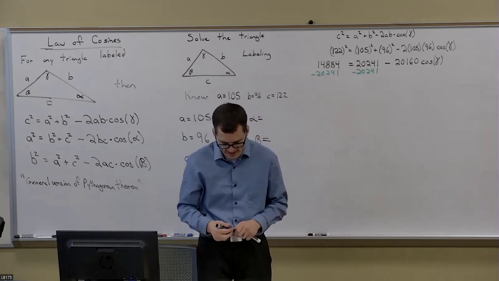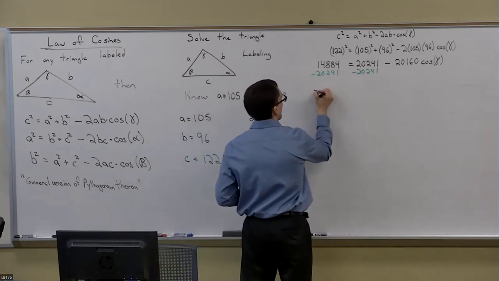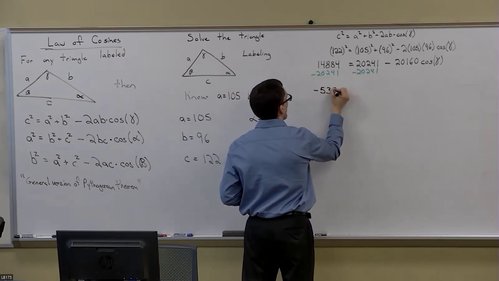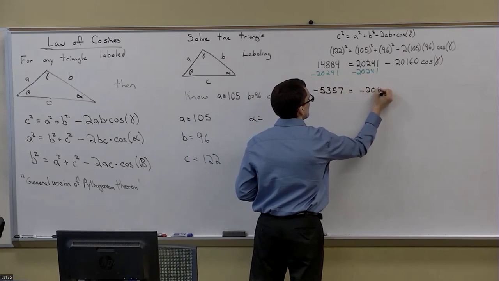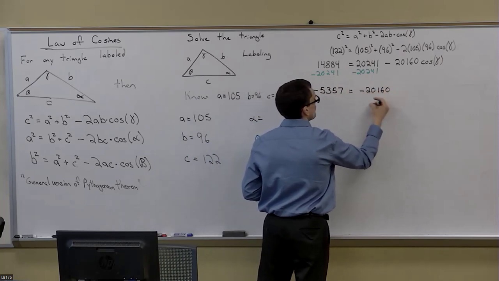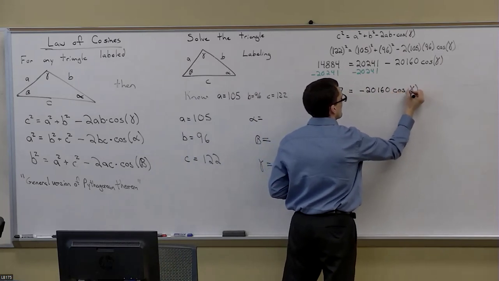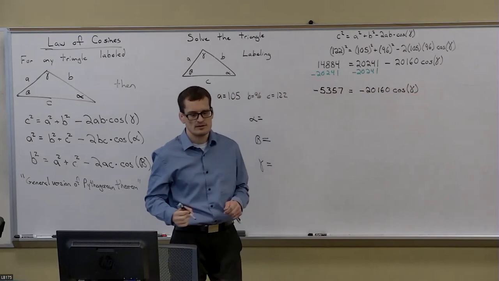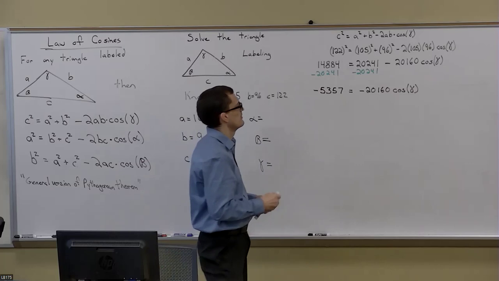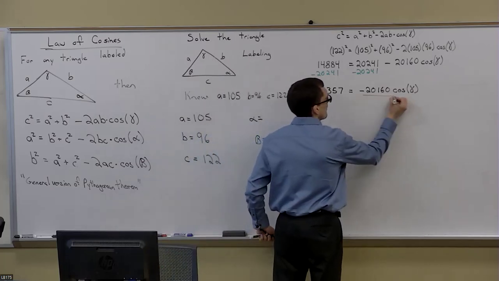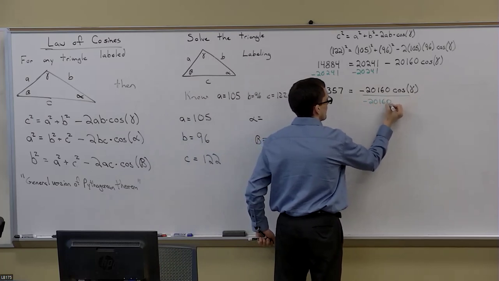That gives me negative 5,357 is equal to negative 20,160 times cosine gamma. Divide both sides by the negative 20,160.